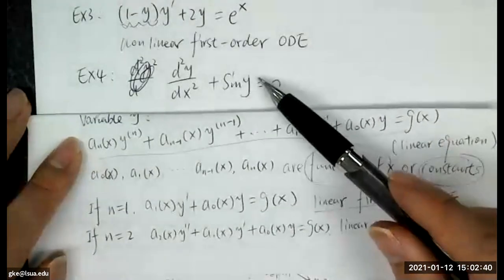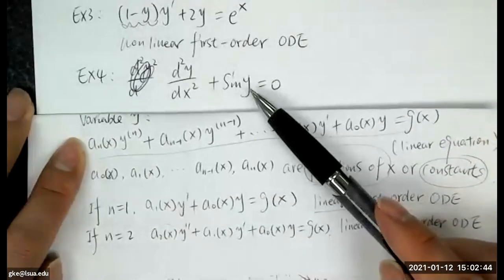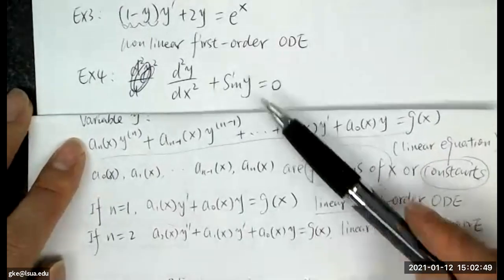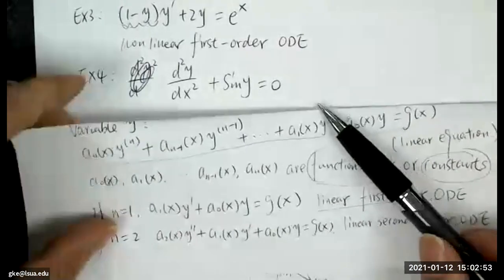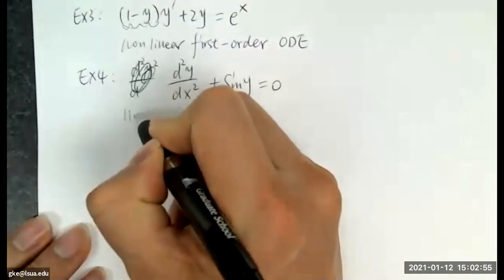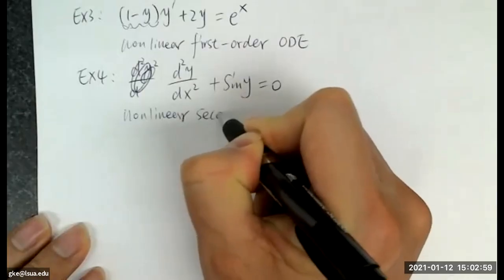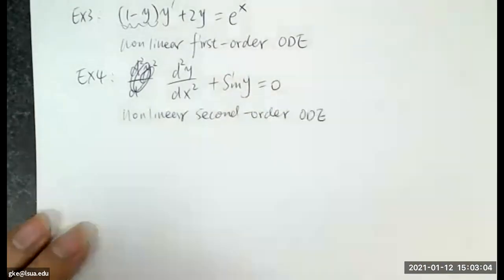And here we require y. Why do we require y? Here's sine y. It's clearly not linear. Okay, sine y is a non-linear term. So this is non-linear. Of course, this is second order ODE.